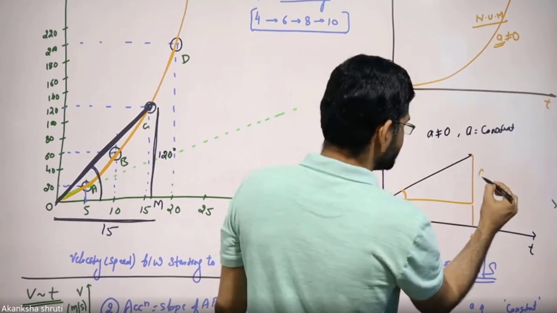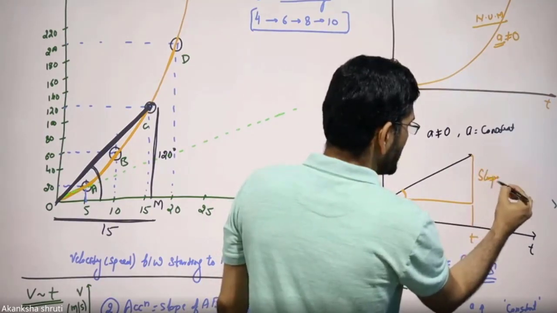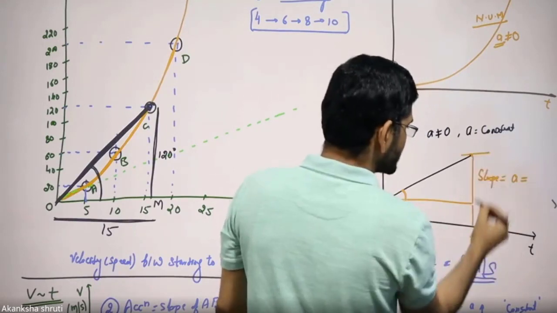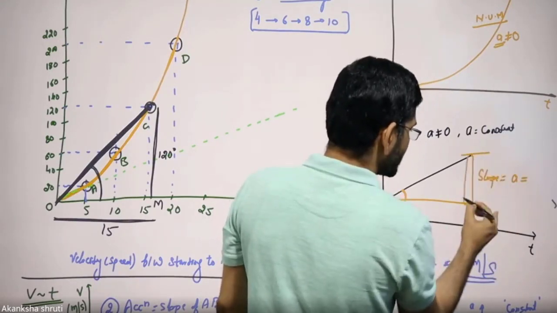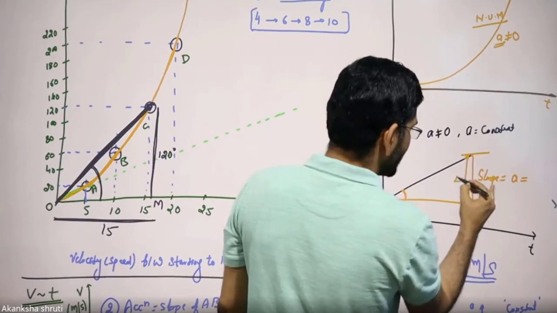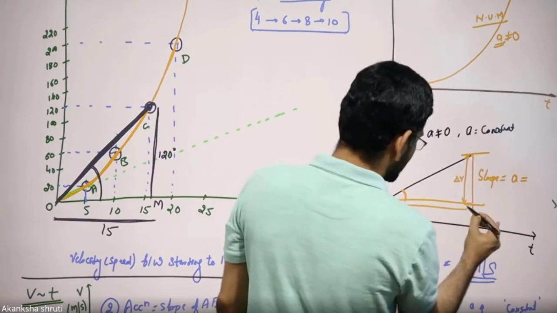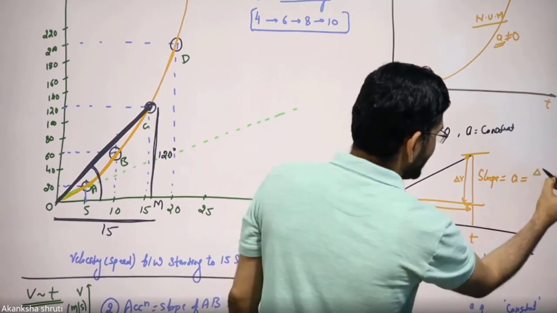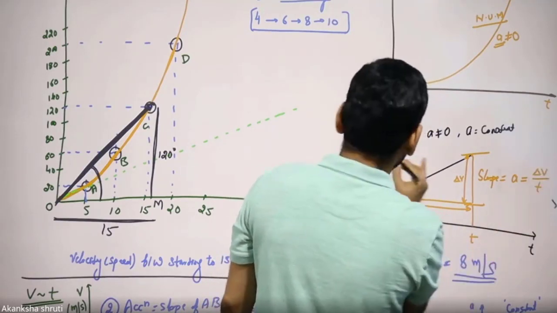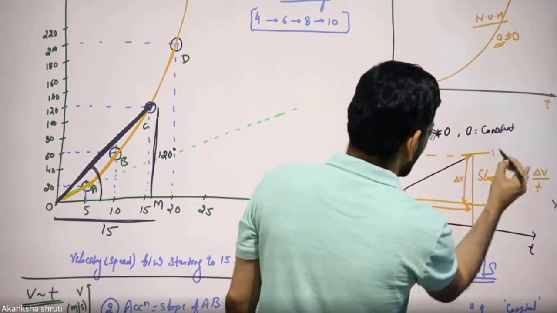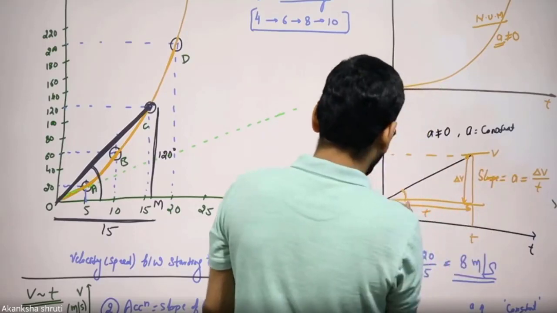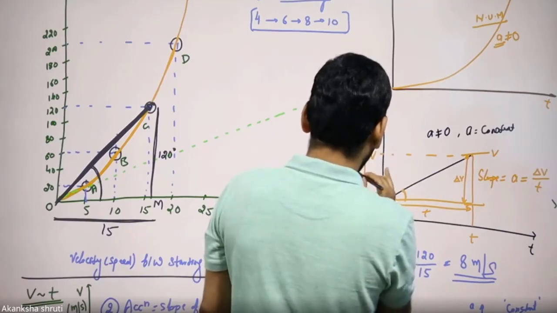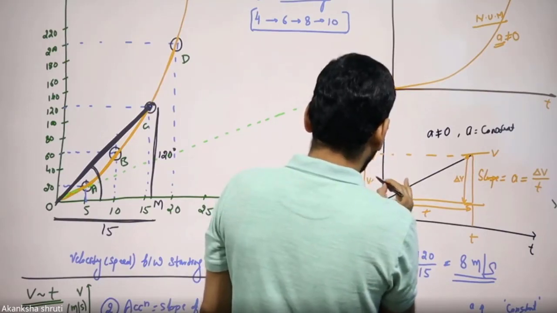So here the slope is obtained as the acceleration, which equals this change in velocity, delta v, by whatever time taken t. So it is delta v by t. If we consider this value as v and this value as u, then this much is our delta v, which is v minus u.